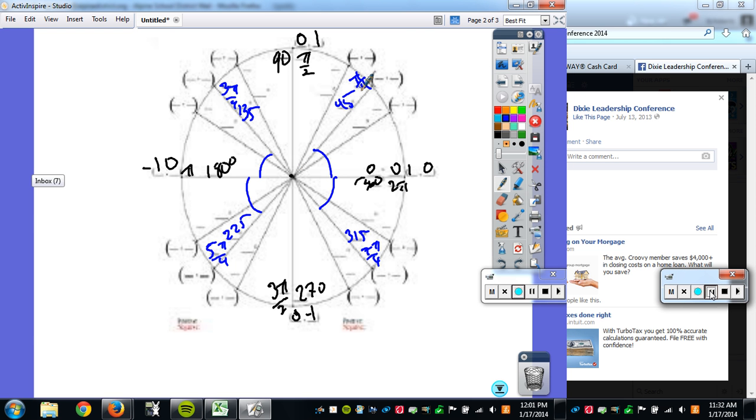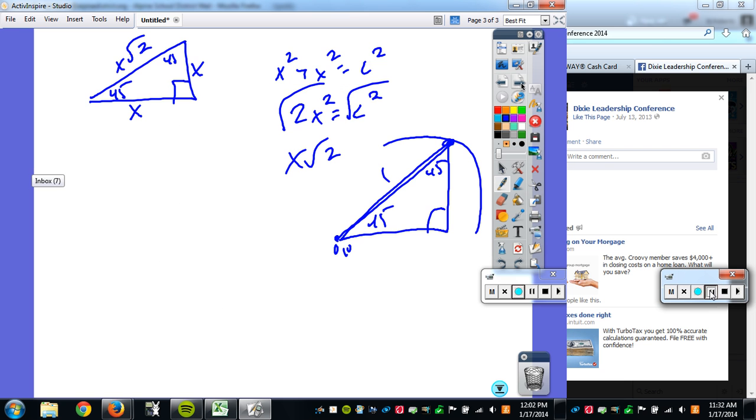Everybody there with me? With that being 1, therefore I know this 1 has to correlate with this x root 2, doesn't it? If I solve for x, therefore I will know what the other sides are going to be, right? So x root 2 equals 1. How do we solve for x? Very simple. x is 1 over root 2.